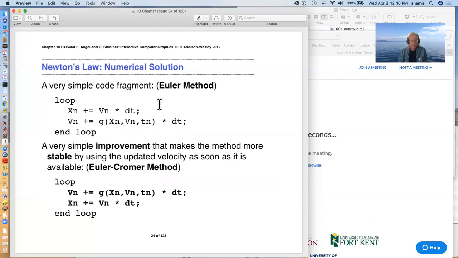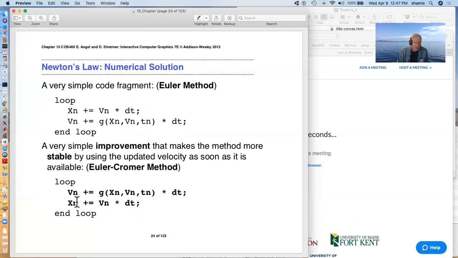So a simple code fragment here. We have some loop. We're replacing in place. So xn is just incremented by vn delta t, and vn is just incremented by whatever this function is, evaluated at x, v, and t, times delta t, and we go around that loop, and that's called the Euler method.